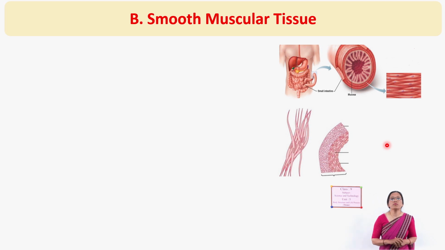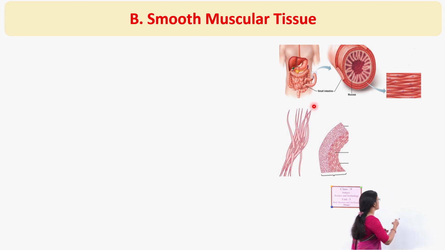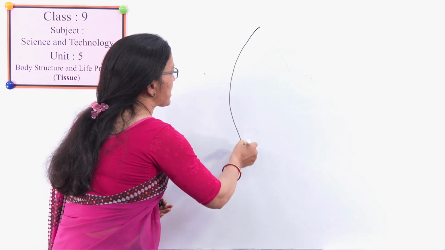Next one is smooth muscle. The name itself indicates that this structure is very smooth. Where are these present? These smooth muscles are present in the internal organs of our body like the intestine, stomach, etc. And if we see the single structure of this, it is spindle shaped.